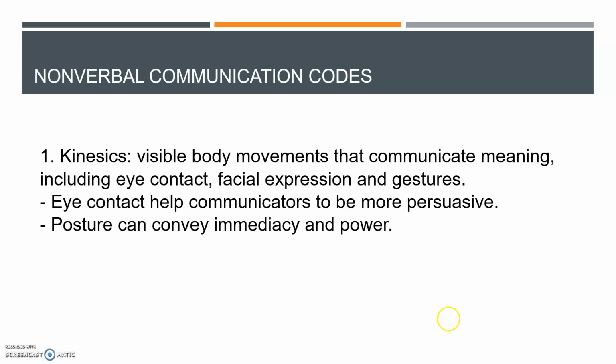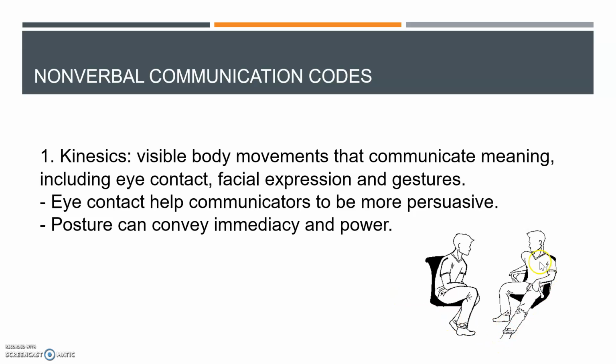Let me show you one picture here. In this graph, there are two people. By just observing their body posture, the way they sit, can you tell who is more interested in this conversation and who is taking charge, who is the boss here? Clearly, we can see this person is crouching and leaning forward.